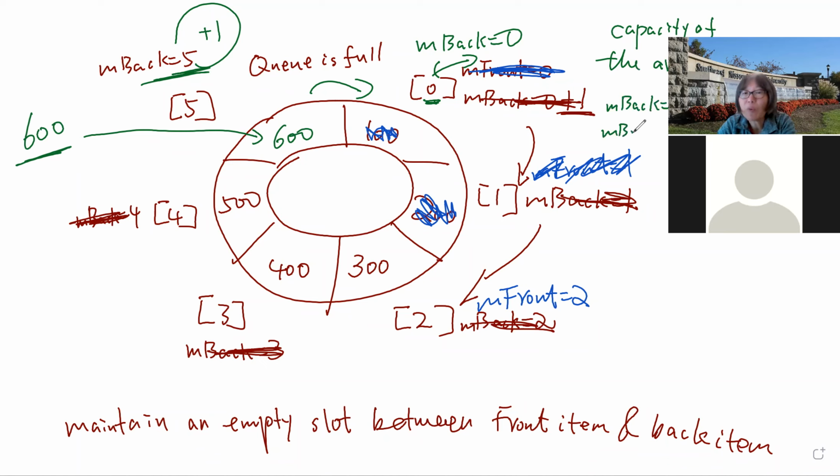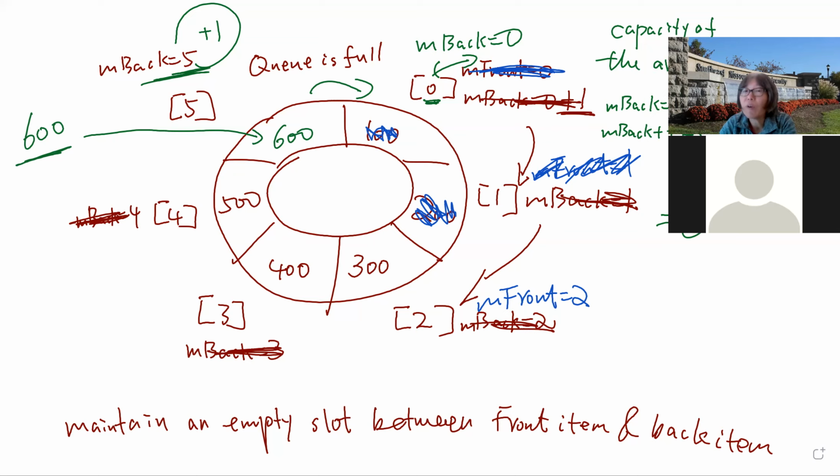And I do increment, then its value leads to 6. 6 is out of the range of array index, but if I do 6 modulo 6, I get what? I get 0. Then I wrap it back to 0.